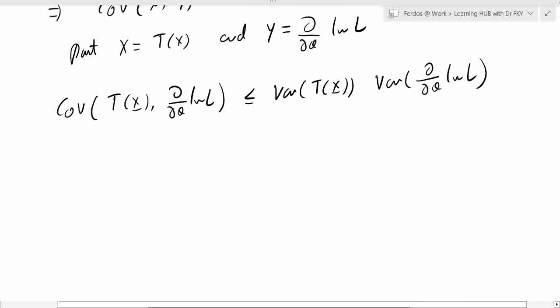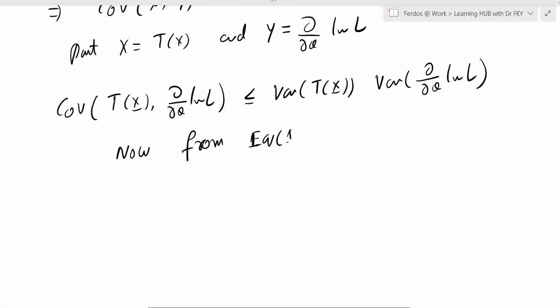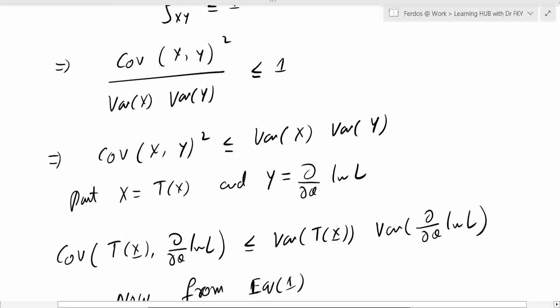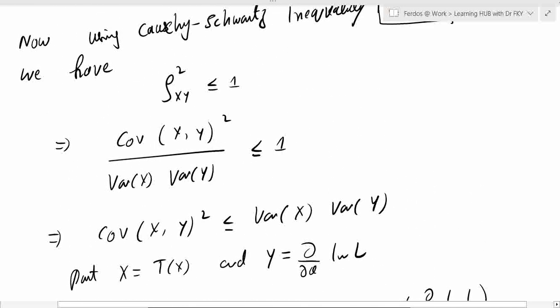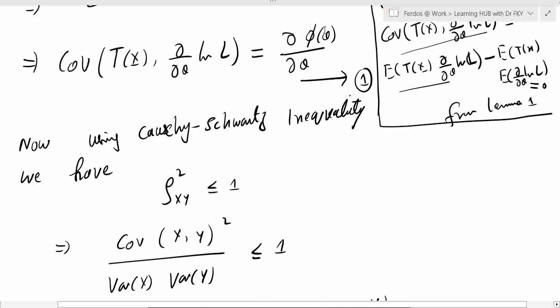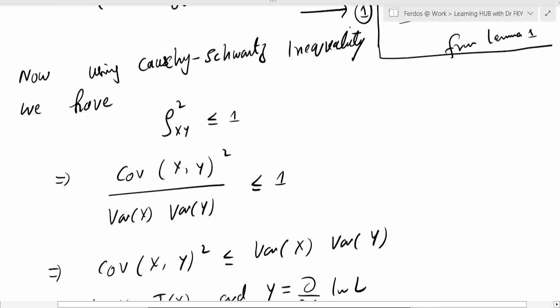Now from our equation 1, we know that this thing is equal to, just see above, this is equation 1, this thing is equal to this one, the partial derivative of this quantity. Just replace this.